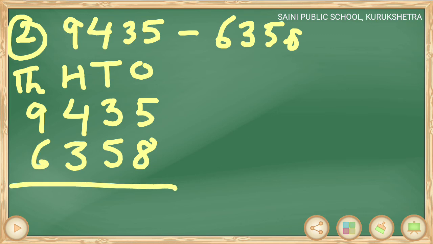First of all, subtract these two numbers, put a sign of minus here. Now from the right side, that is ones place, we will subtract. 5 minus 8 at ones place is not possible because 8 is greater than 5. So we will take borrow from tens place. This number will become 15, and this number will decrease by one so it will become 2. Now at ones place, 15 minus 8, we will get here 7.